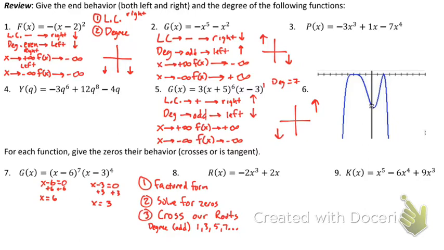It means we are going to have a crossing root, or a crossing graph. What does that look like? When we graph this, if it has a power of 1, 3, 5, or 7, if my factor had an odd power, that means it's going to cross at that root.